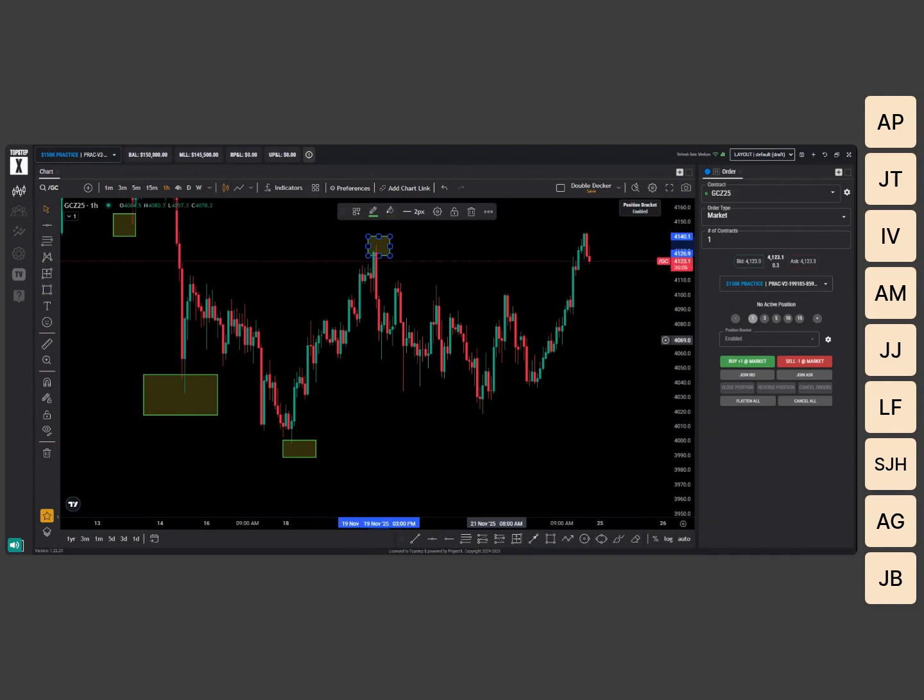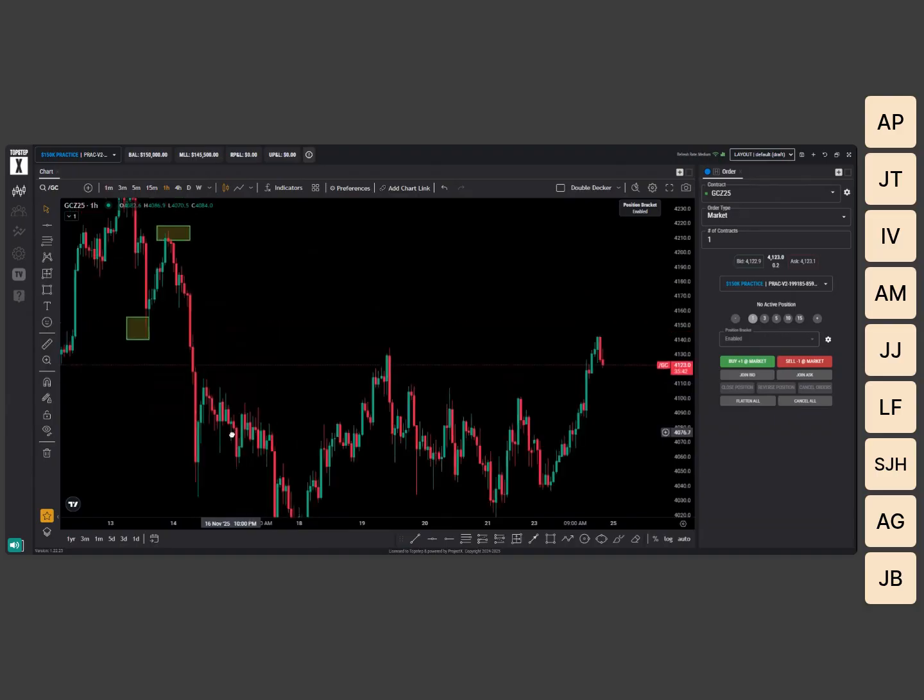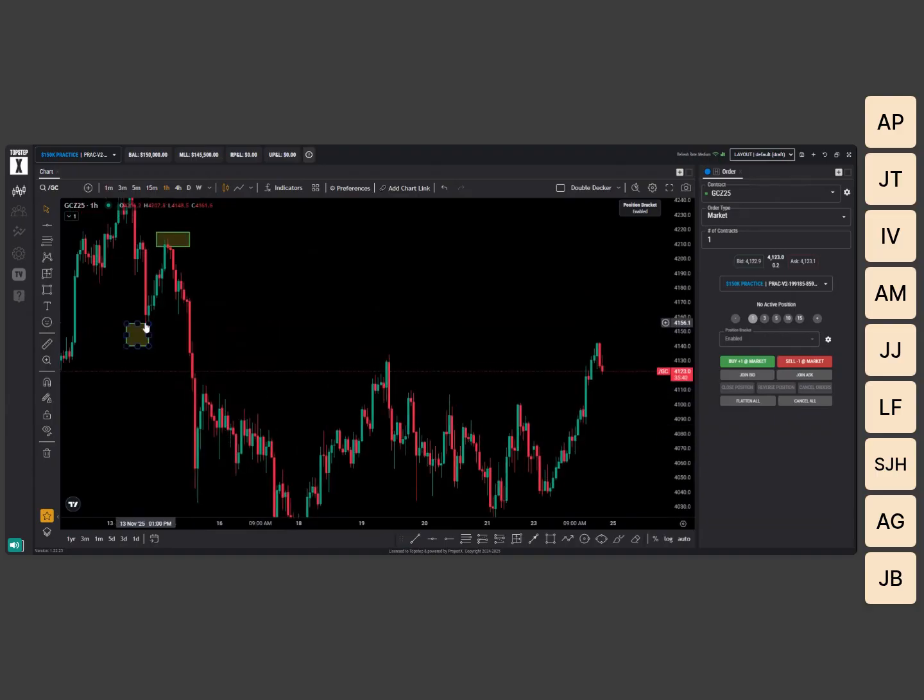Understanding that swing points involve the wicks, you're not necessarily paying attention to the candles when you're identifying swing points. Now, what qualifies a swing point is the same way that you would label a higher high and a higher low, except you would just call it a swing high or a swing low.